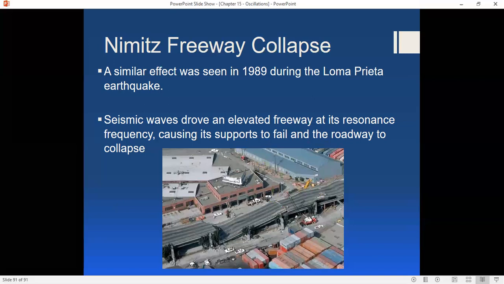Well, here we can see there are other processes that work, like these dynamic processes, where if you have some periodic force acting on an object, it can be periodic in terms of turbulence from airflow. It can be periodic in terms of shaking from seismic waves. You have to engineer against these types of resonances.